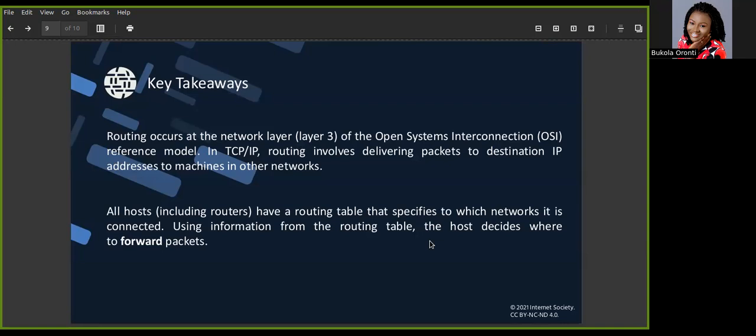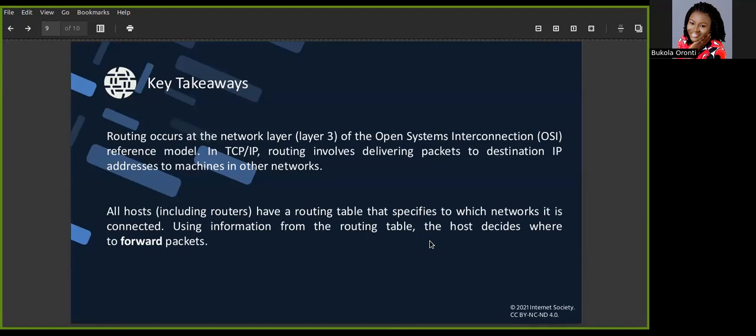So what are the key takeaways from this module 2, or from this unit that we just learned on routing? It says that routing occurs at network layer 3 of the OSI model. In the case of TCP/IP, routing involves delivering packets to destination IP addresses on machines in other networks. Also, all hosts, including routers, have a routing table that specifies which networks they are connected to.